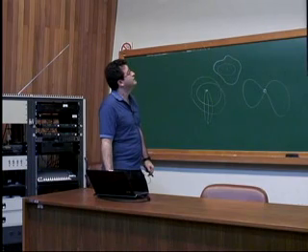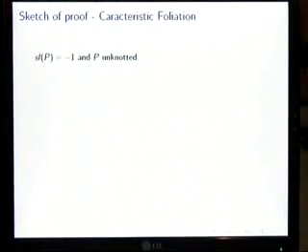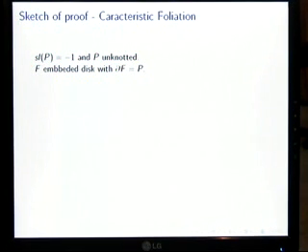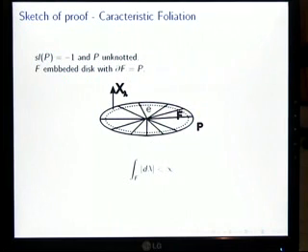I'll try to give an idea of the proof of this theorem, which is very similar to the methods that Umberto did in his thesis, which is we start with this orbit. We have the orbit, and we know some topological properties of this orbit, and we try to produce this open book decomposition.